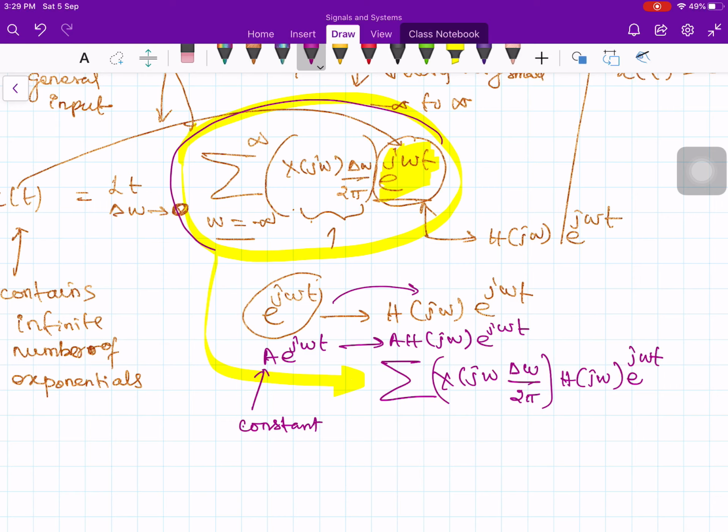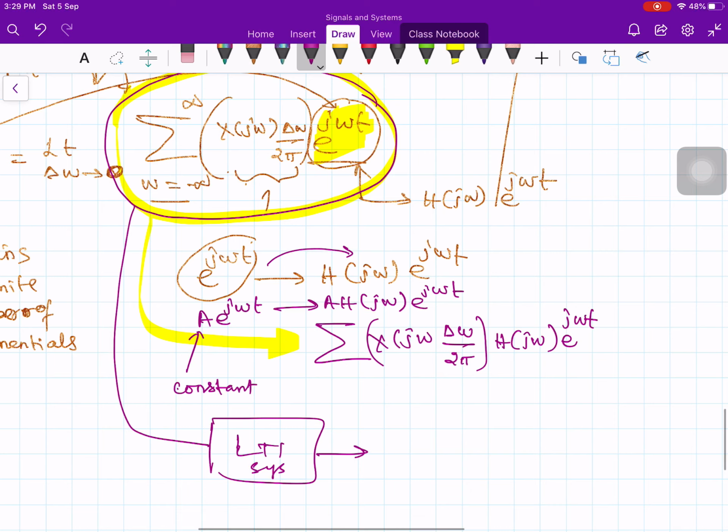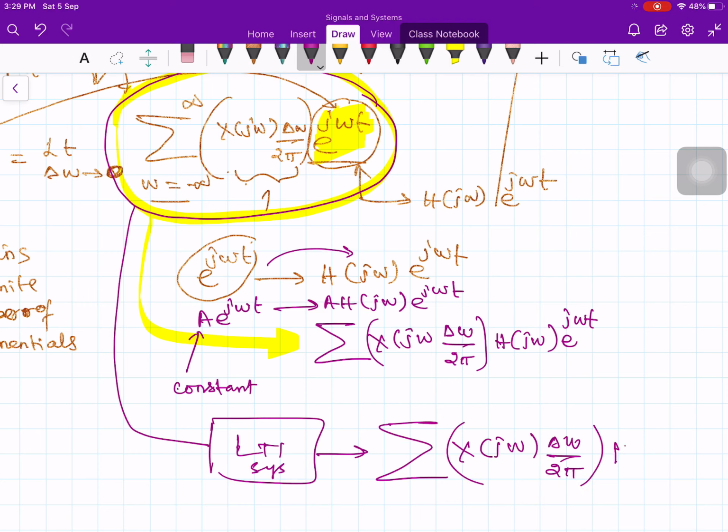If this whole lot of function is given to an LTI system, the output is the corresponding summation x of j omega delta omega by 2 pi, then multiply by h of j omega and the exponent e to the j omega t. That's what I am trying to say here. Omega, where omega is equal to minus infinity to plus infinity, and you take limit delta omega goes to 0.